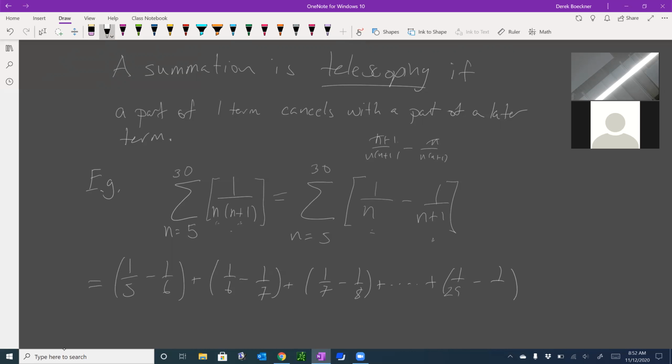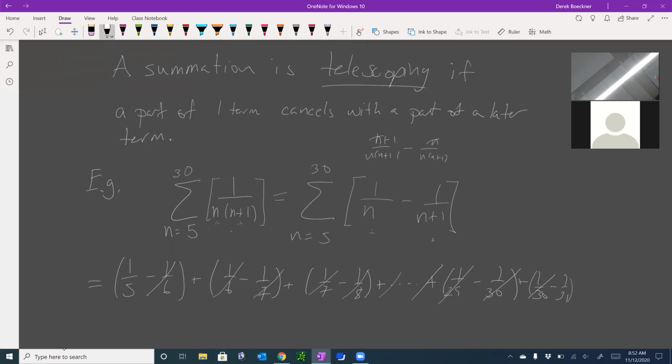So 1 over 29 minus 1 over 30, plus 1 over 30 minus 1 over 31. Okay, minus a 6th plus a 6th. Minus a 7th plus a 7th. This minus an 8th is going to cancel with the next guy, which is a plus 1/8. And then the 9th is going to cancel with the 9th. And the 10th is going to cancel with the 10th, right? And the 29th here is going to cancel with the 29th there. And the 30th is going to cancel with the 30th.